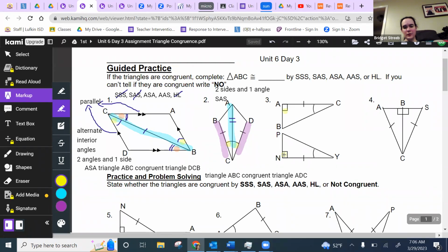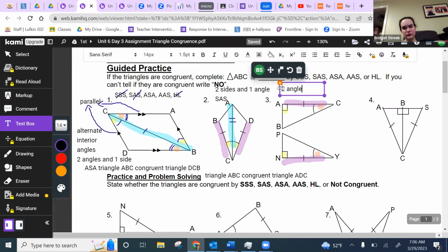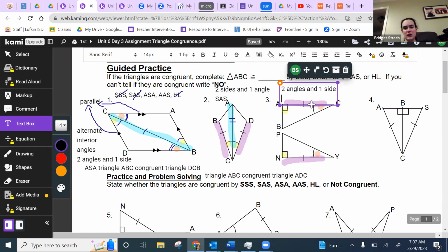Next one, we have one set of angles. We have a second set of angles. And we have a set of sides. So we have two angles and one side. So that means that we have to have one of these two. The side is between the two angles.